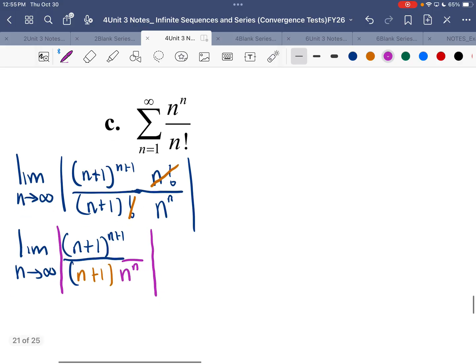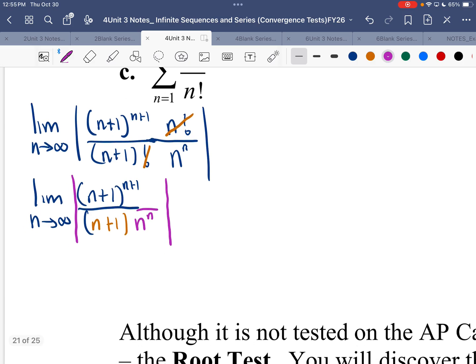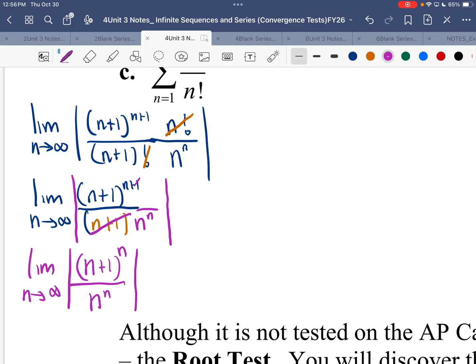Could you, though, reduce the n plus 1 to the n plus 1 over n plus 1 to the 1? Yeah. So then you'd be left with n plus 1 to the n over n to the n.